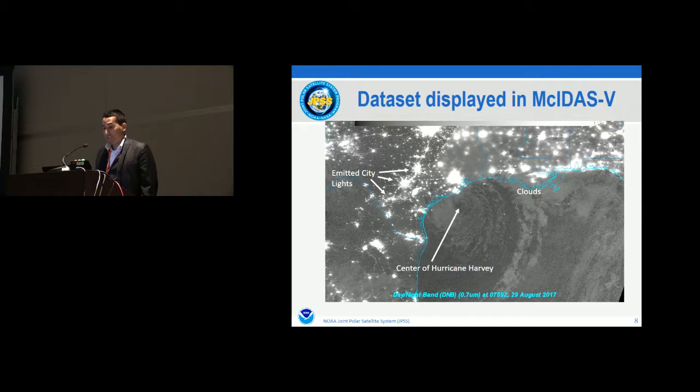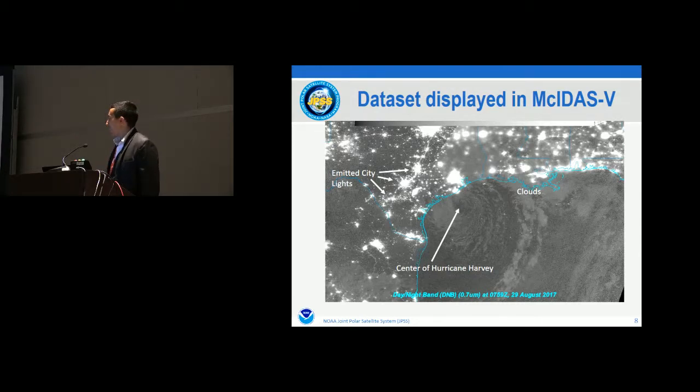And then for our particular example, this is what it looks like in McIDAS-V of that Hurricane Harvey event. This is a day-night band image on the 29th at 7:59. This particular image occurred during a moonless night, so it's a little bit faded, but you can still see the center of circulation of Hurricane Harvey as it slowly moved. As we know, it inundated southeast Texas, and then the eye slowly moved off the shore on the Gulf of Mexico and then moved back onto shore as well.